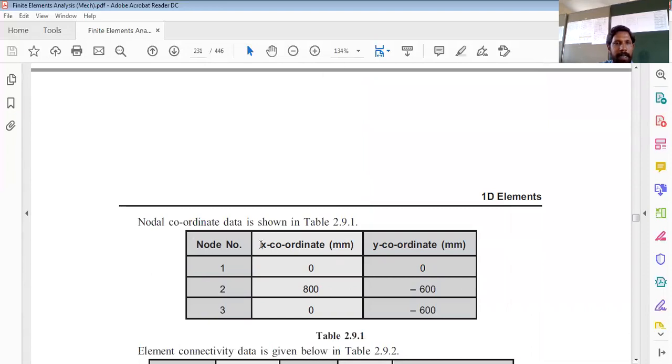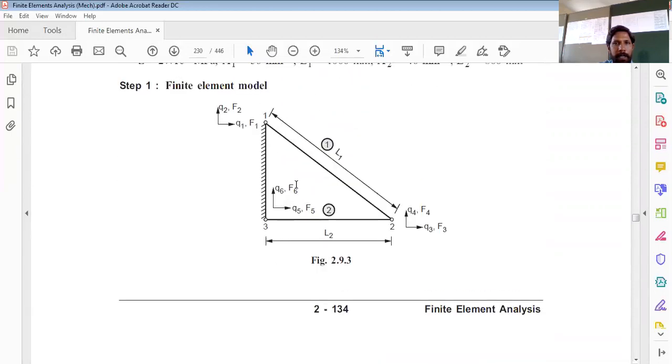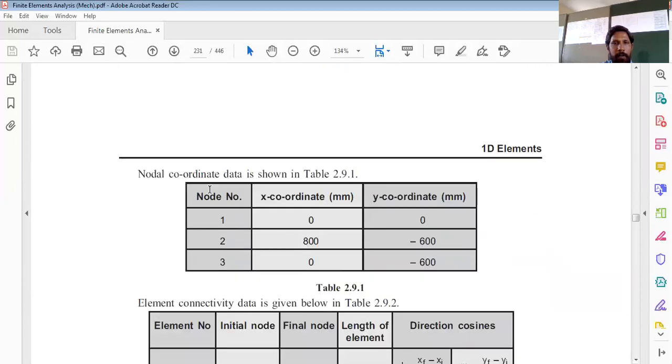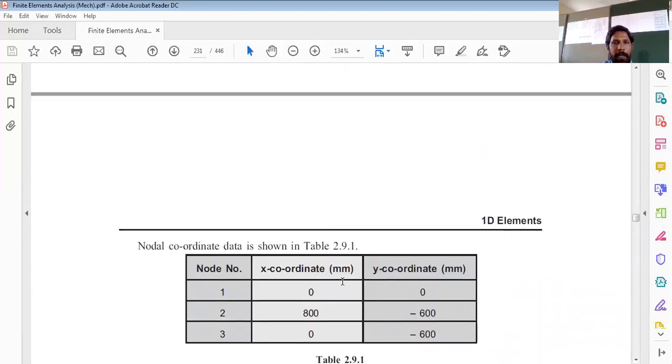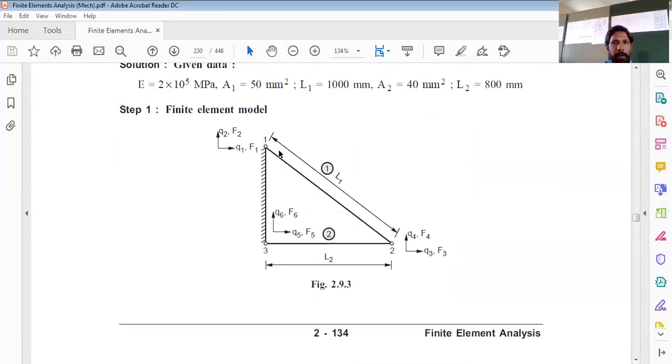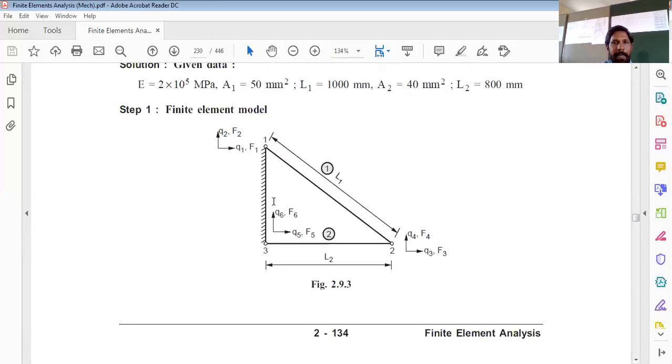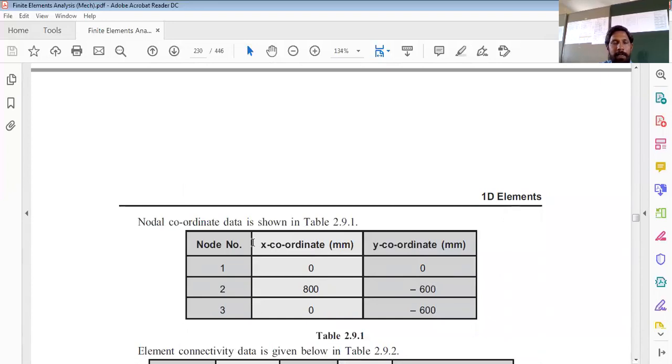The nodal coordinate data is shown here. This particular problem consists of three nodes, that is node 1, 2, 3. Here I have written node numbers 1, 2, 3, with their x coordinate value and y coordinate value. Here is the global axis. Node 1, as we are starting the coordinates at this location, will definitely be 0, 0.